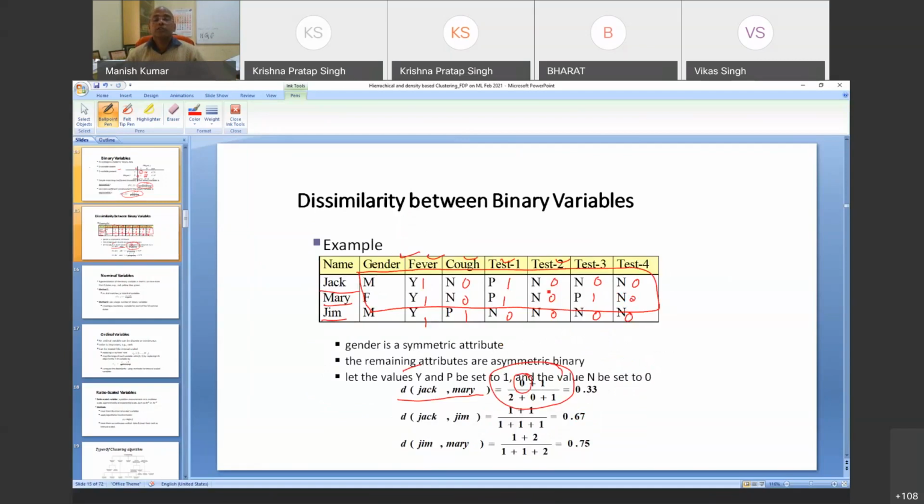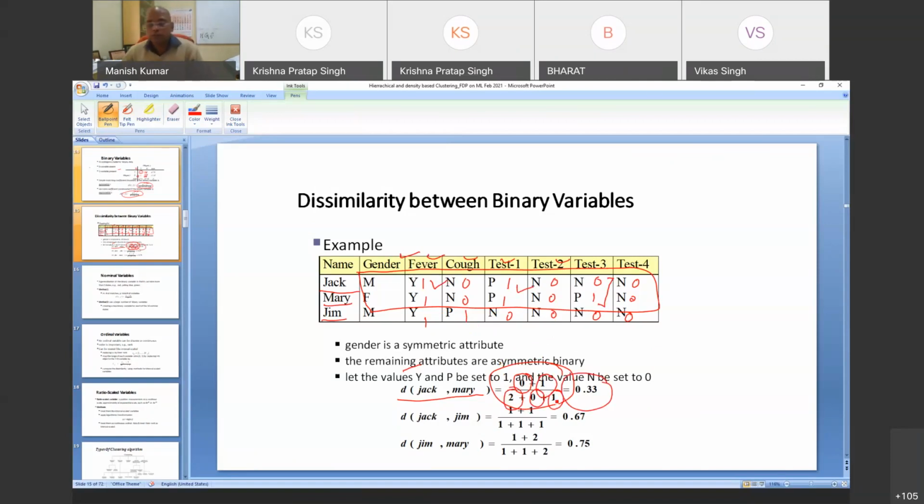What are the instances where 1 0 is there? There is no instance of 1 0, so b is 0. As far as c is concerned, 0 1, there is one instance, so it is 1. Then a is 1 1, and there are 2 instances, so it is 2. So b is 0, c is 1, and the distance you calculate is 0.33.